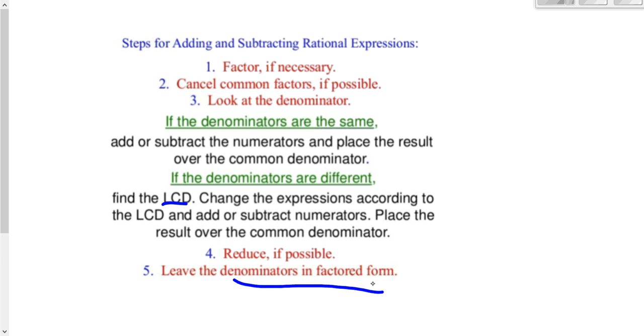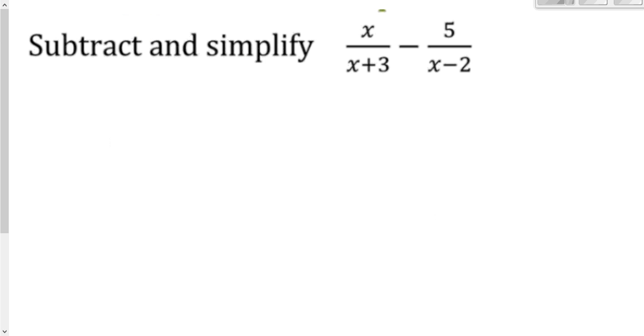I know that sounds like a lot, but I'm going to break that down here through a few examples. So, step 1, factor if possible, or if necessary. And when we look at those denominators, x plus 3 and x minus 2, we can't factor them. Now, these are not the same denominators, so we can't subtract yet.